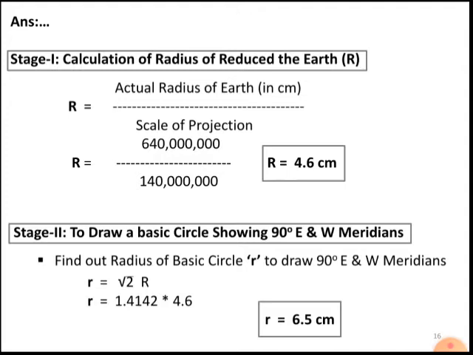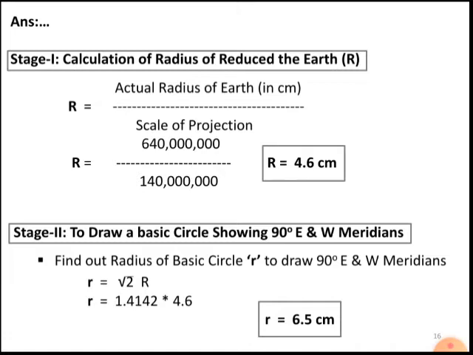Now the second stage, to draw the basic circle showing the 90-degree east and west meridians. Here we have to find the small r. We know the equation: r is equal to the square root of 2 multiplied by capital R. If you work it out, you will get an answer.